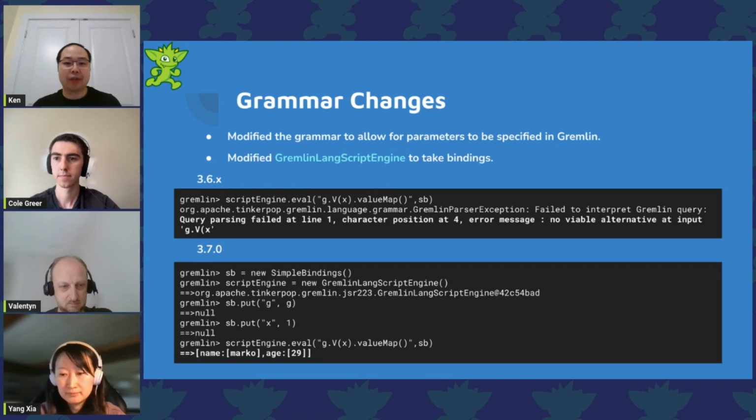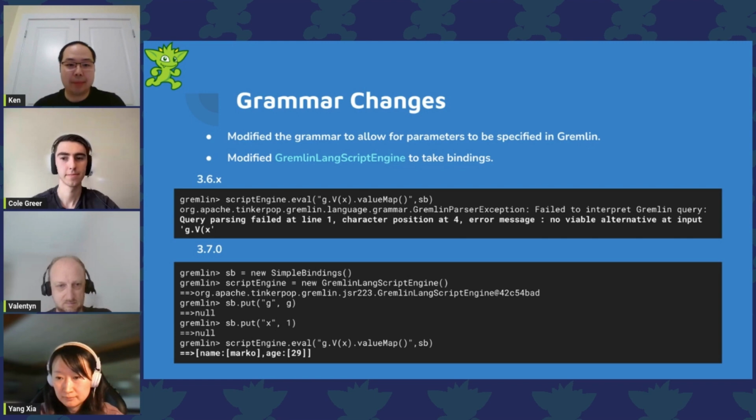As we're trying to move away from and phase out the Gremlin Groovy script engine, it's really important for us to get feature parity between the Gremlin Lang script engine and the Gremlin Groovy script engine, which is essentially why we're introducing the ability to use parameters and bindings.